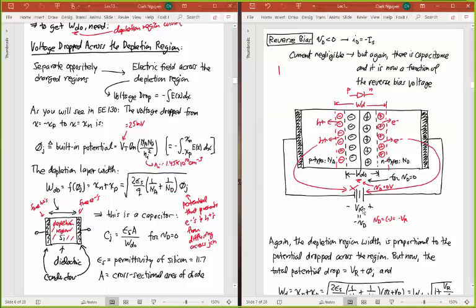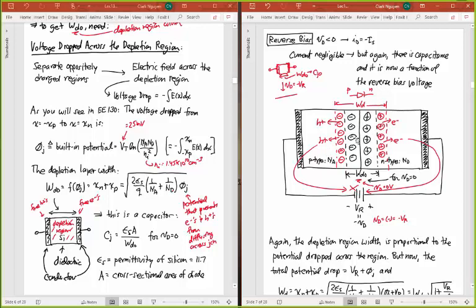So with my voltage equal to 0 volts, this is that original capacitor. That width is equal to WD naught, and I'm going to have a certain amount of capacitance CJ naught associated with that WD naught. But if I now apply a reverse bias voltage, I now take V sub D equal to minus VR in this. What's going to happen, I'm showing here, is that this depletion region is going to get bigger.